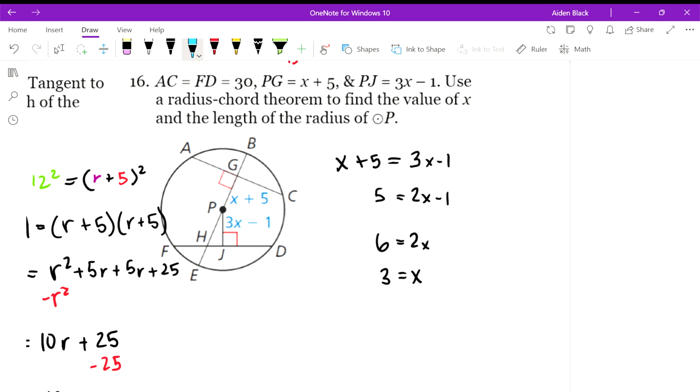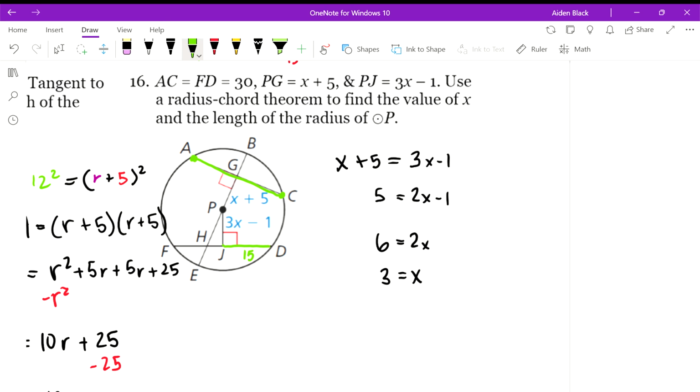Okay, so as I originally drew, we'll do it in green. AC and FD are 30. It doesn't matter which one we use for our right triangle, but if FD is 30, then JD is half of that, right? Because we also know that if PJ is perpendicular to the chord, it cuts the chord in half. So this must be 15.